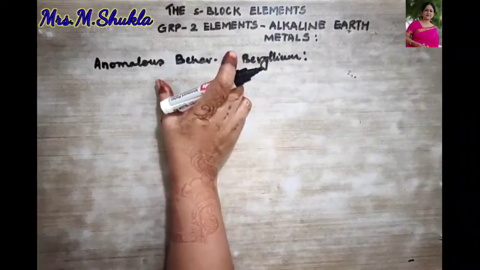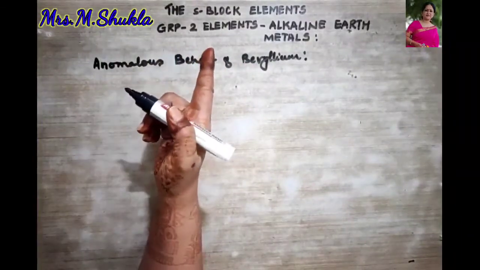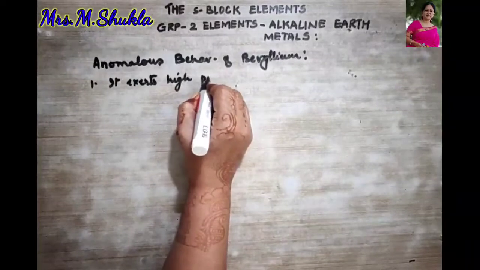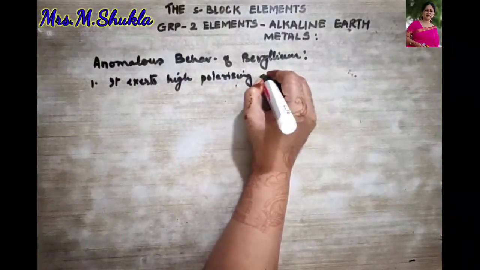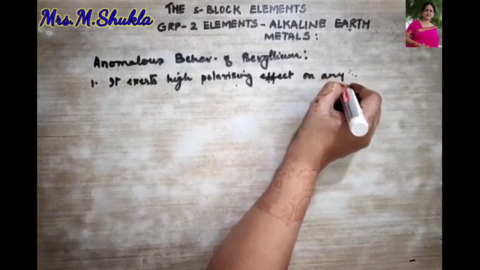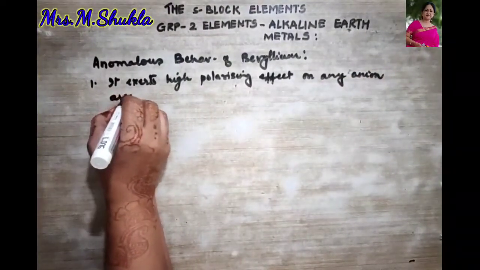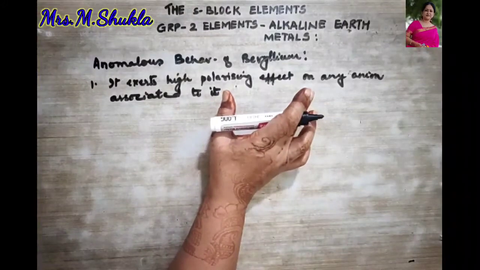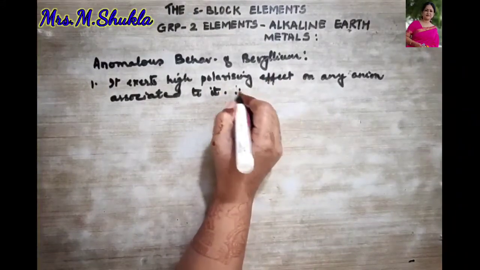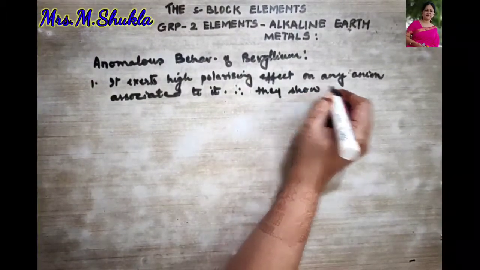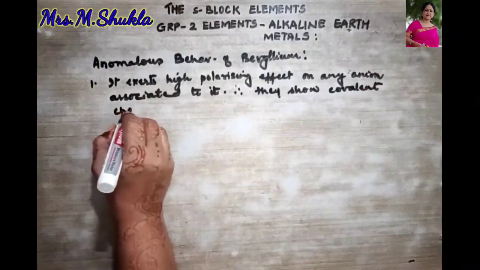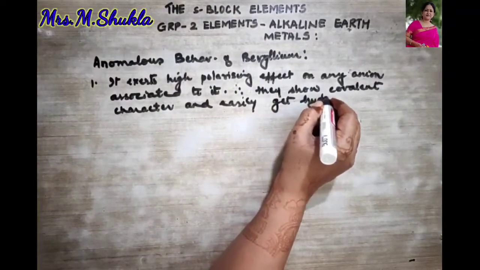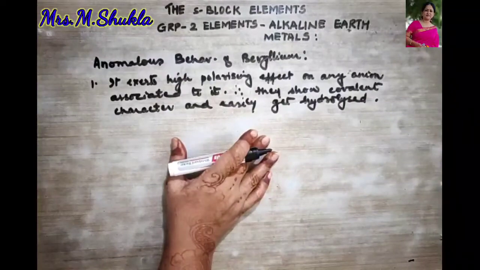The first point is that it exerts a high polarizing effect on any anion associated with it, so that beryllium compounds have covalent character and get easily hydrolyzed. I hope this point is very clear.